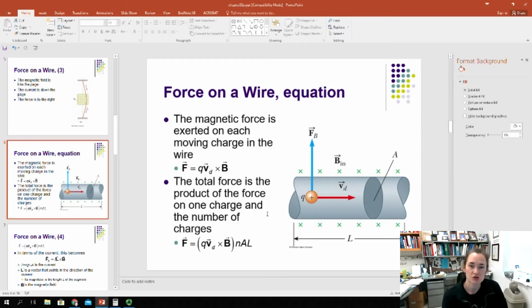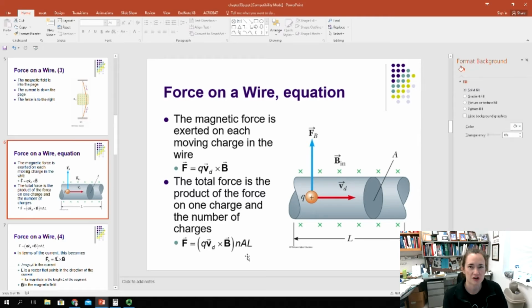But remember, in our Drude model of current, the total number of charge carriers, big N, equals our charge carrier density, or the number of charges per unit volume, which we called little n, times the volume of the wire. Well, the volume of the wire would be the cross-sectional area of the wire times its length. And so we could say that the total force would be qv × B times nAL, which gives you the total number of charges in that wire.